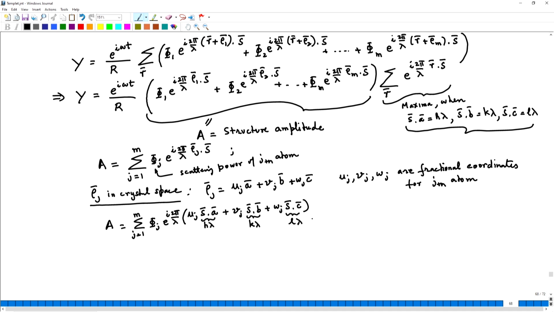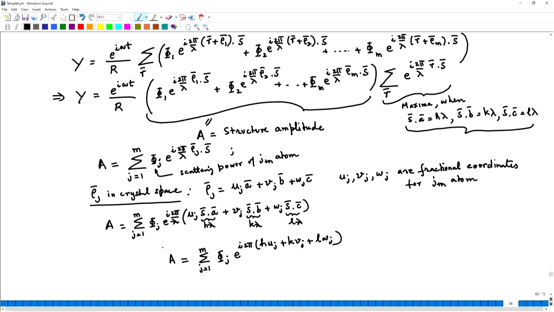If we substitute this, I will get the structure amplitude as sum over j equals 1 to m, and you can see this wavelength lambda would get cancelled out, and what I am left with is phi j e to power i 2 pi (h uj plus k vj plus l wj).